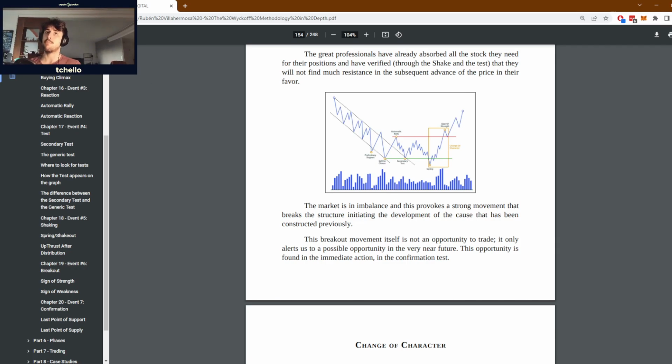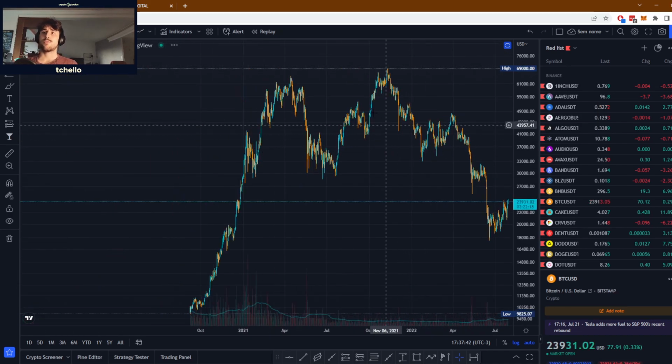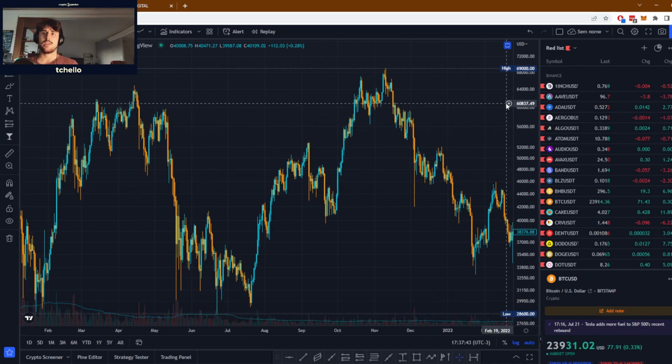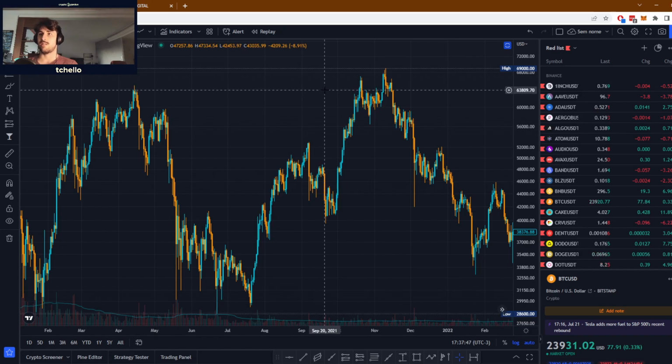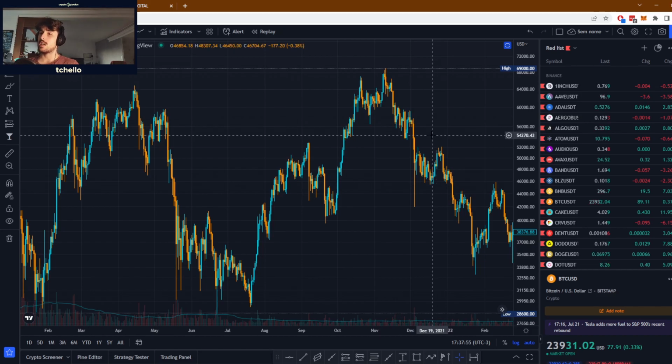They serve mostly an informative purpose, all right? Because if we go back, so many people were saying to long the breakout of the all-time high right here. And basically you bought Bitcoin at the highest price possible, right? So trading breakouts is usually not a smart idea, all right?